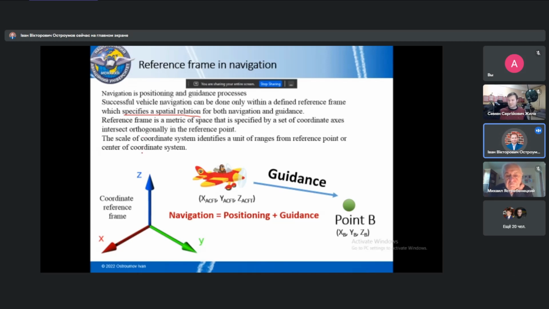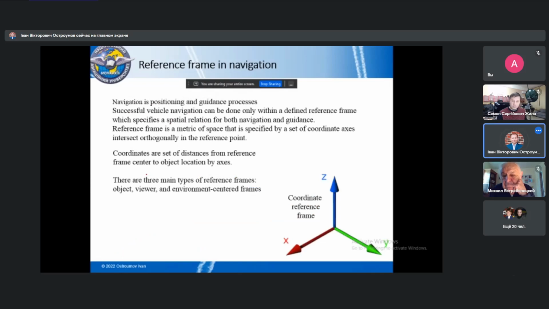And in most cases, we use an orthogonal reference frame because it is like a linear metric which helps us to count our location and also to detect the way in which we need to move from one point to another point. Coordinates are a set of distances from the reference frame center to the object location by different axes.